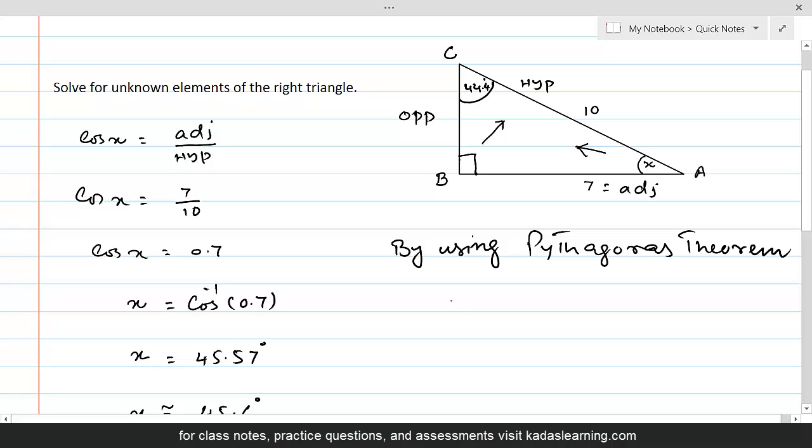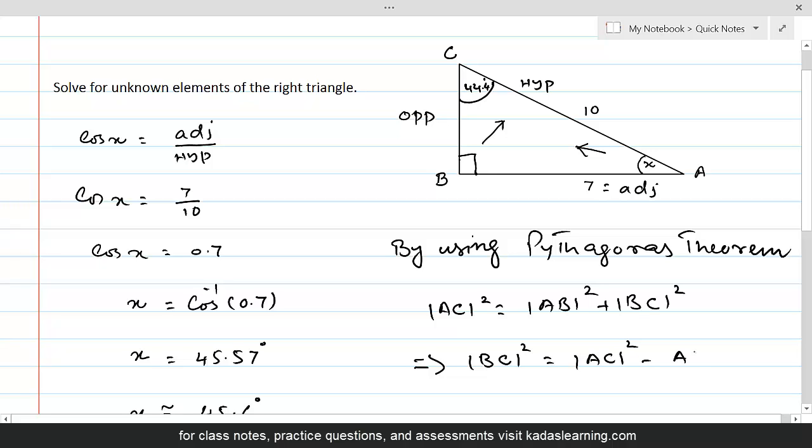what we have is AC square. AC square is equal to AB square plus BC square. Because we want to find out the value for BC, therefore BC must be isolated on one side, and by isolating BC on left side, we will get AC square minus AB square.